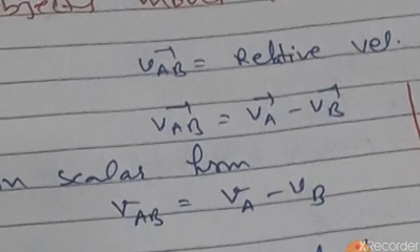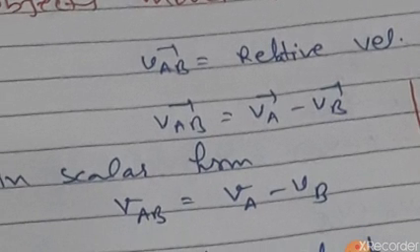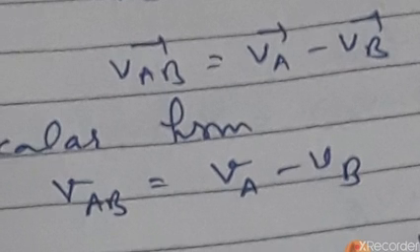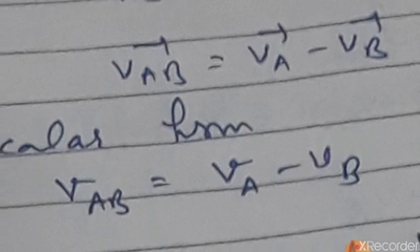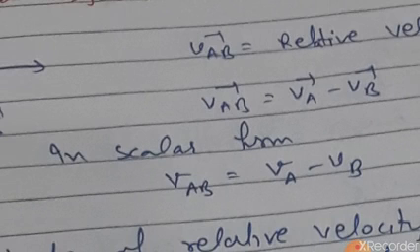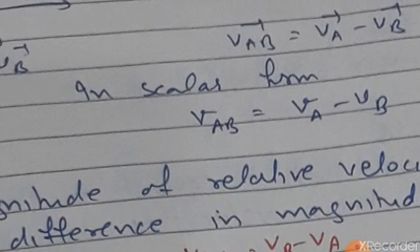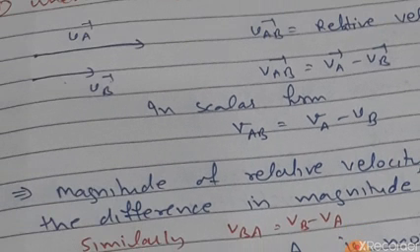We'll put both these positive values in this equation, and we'll get the value in scalar form: VAB, that is relative velocity of A with respect to B, is equal to VA minus VB. So the magnitude of this relative velocity is equal to the difference of the magnitudes of the individual velocities.